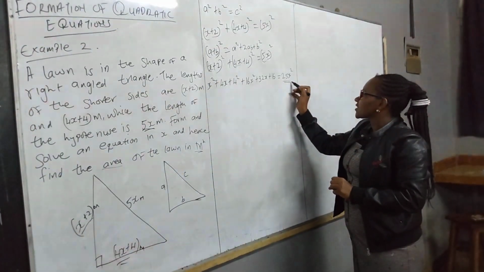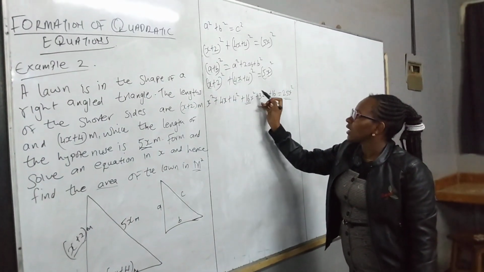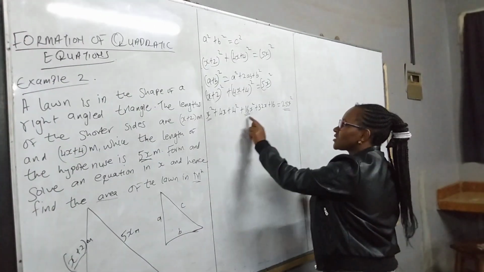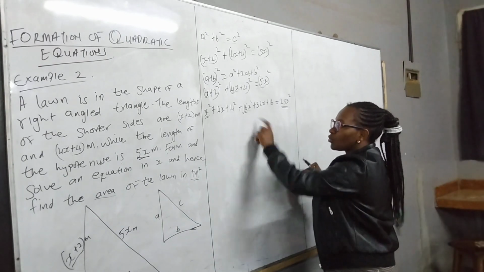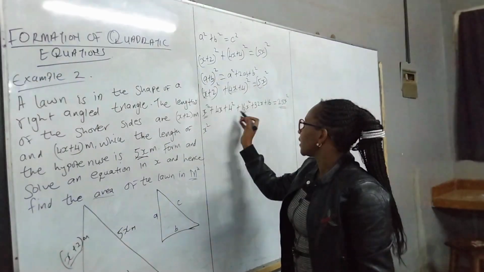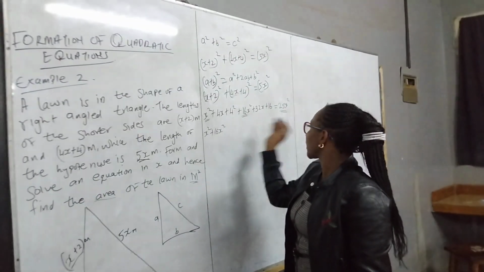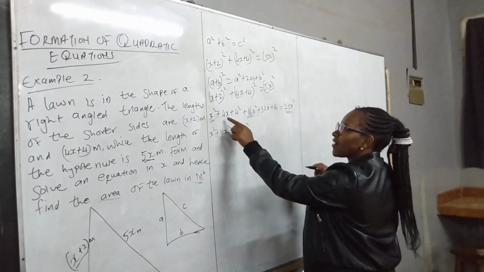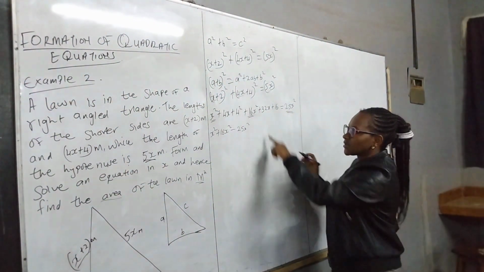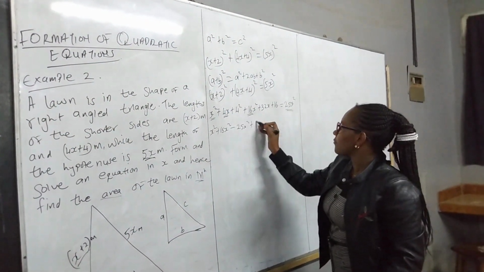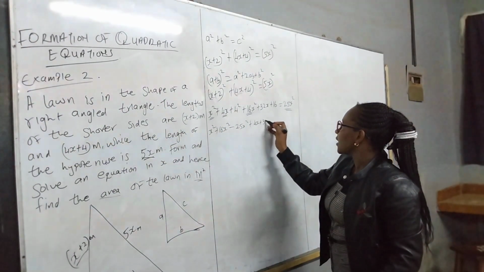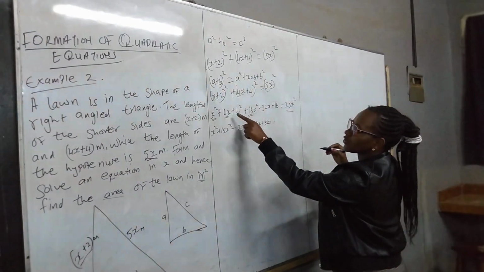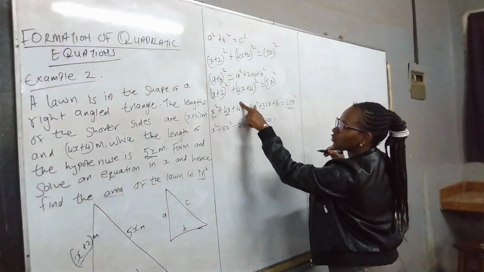From this part now, we put the like terms together. We have 25x squared, we have 16x squared, and we have x squared. So we are going to add these, and then subtract 25x squared from all that. So we have x squared plus 16x squared minus 25x squared. Then here we have 4x and that 2x. We put them together. We have 4x plus that 2x plus 4x. So this part here is 4, not 4 squared.